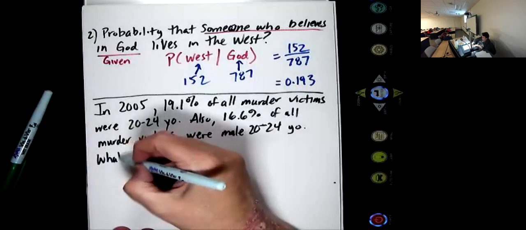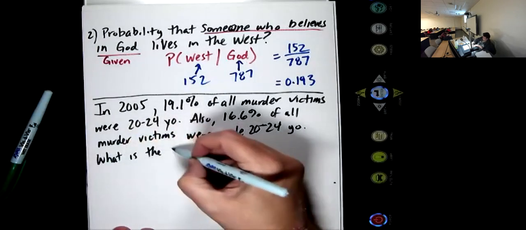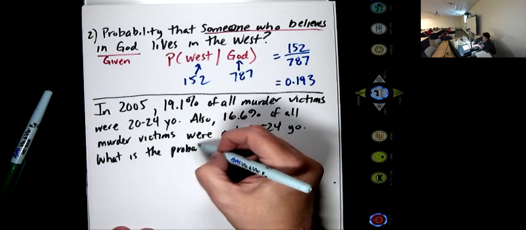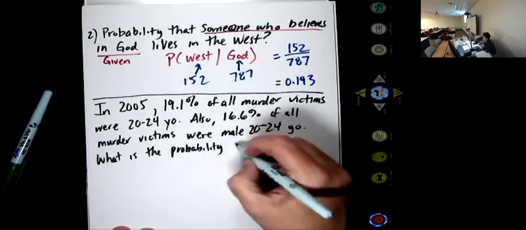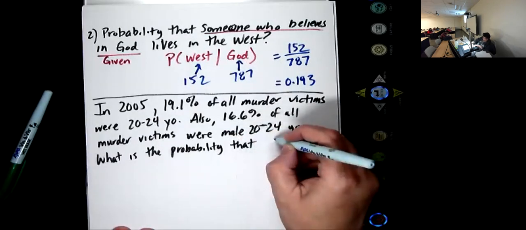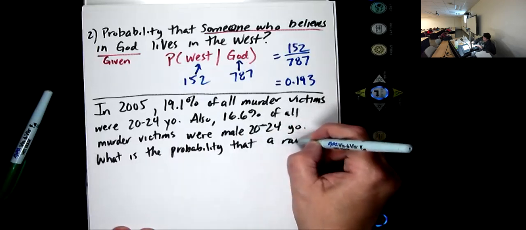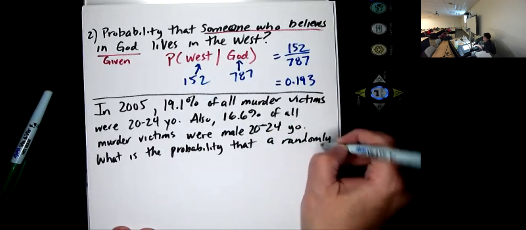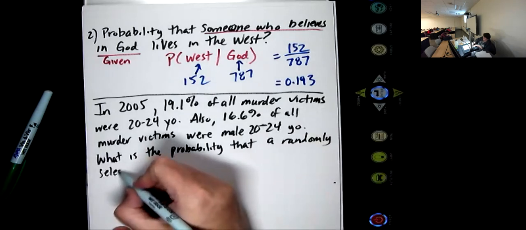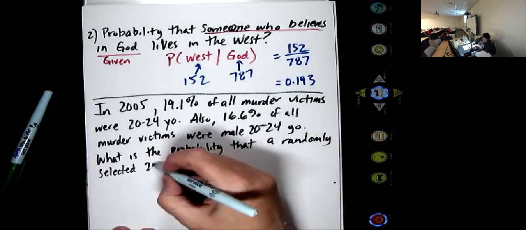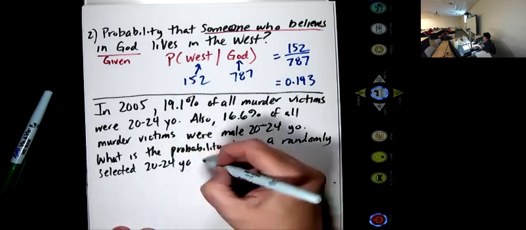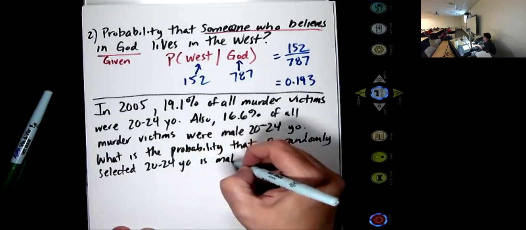What is the probability that a randomly selected 20 to 24-year-old is male?